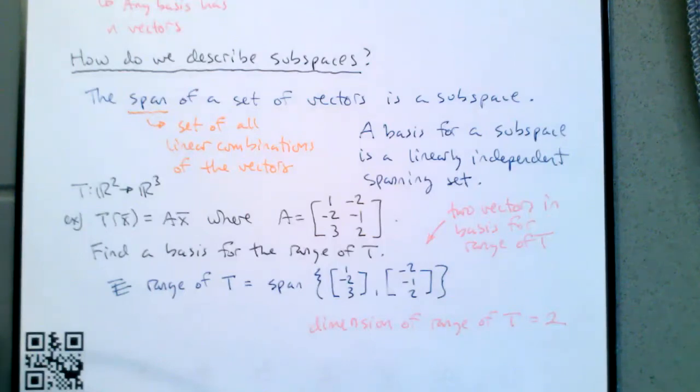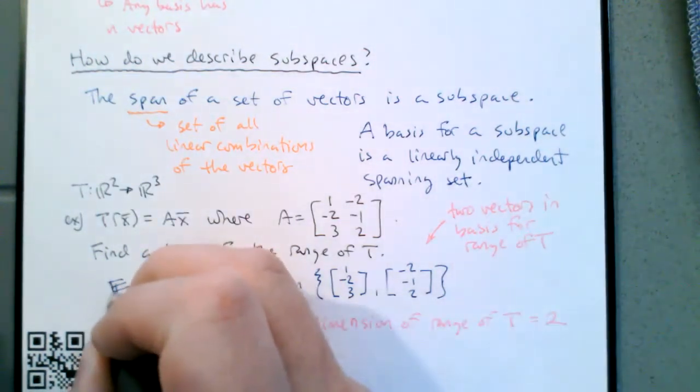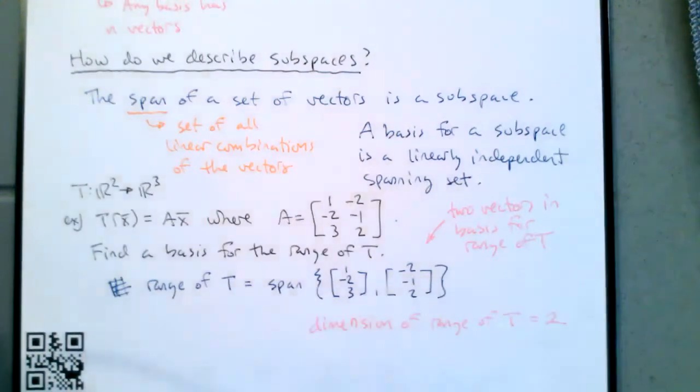The range can't be bigger than what we started with, because we start with at most 2 linearly independent vectors. We're not going to get more than 2 linearly independent vectors in the image because the transformation will respect your linear combinations.